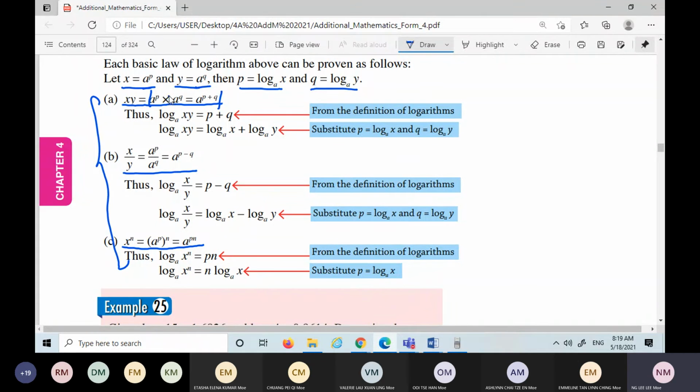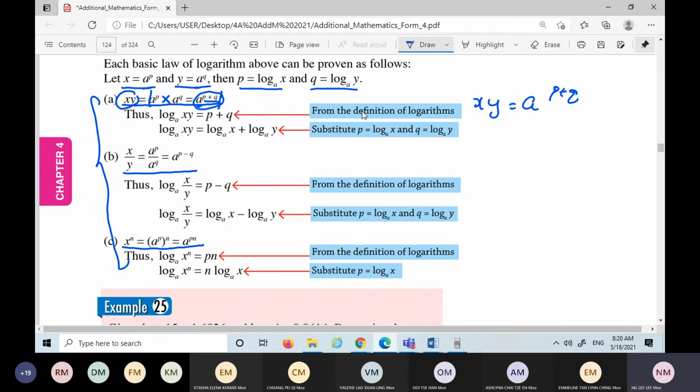If the base is the same and in between is multiply, you can add up the index with the same base. Now what you're going to do is this: I write here, xy is equal to a to the power p plus q. This is in index form. Write it into logarithmic form.